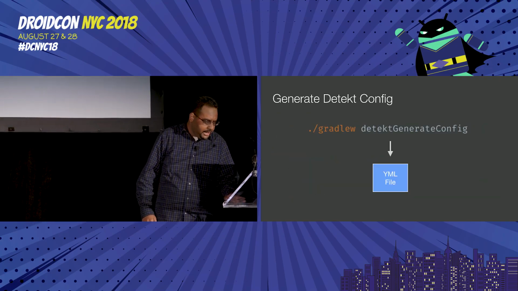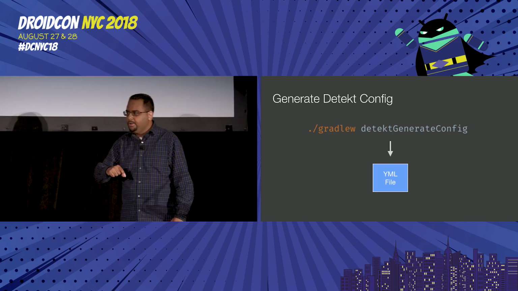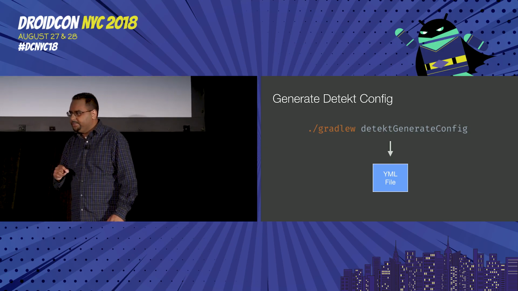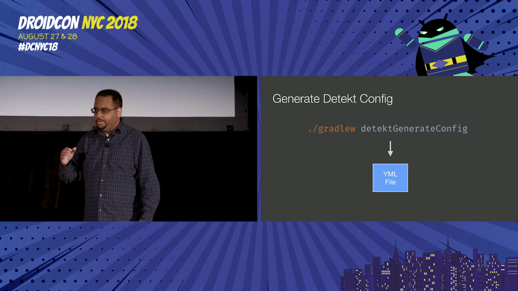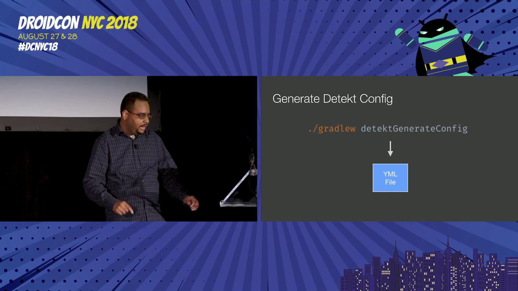In order to create a default YAML file, you execute this command, detekt generate config. When you execute that command, it copies the YAML file from Detekt's source into your project, right? Let's look at what goes into this YAML file.